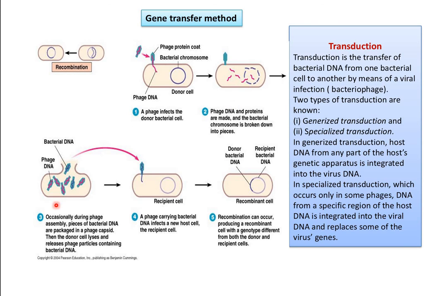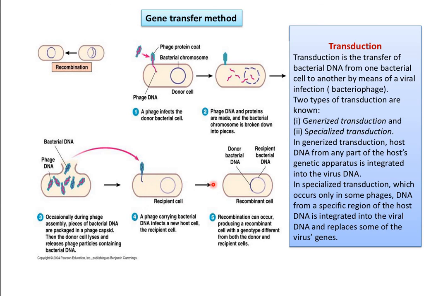Occasionally, during phage assembly, pieces of bacterial DNA are packaged in a phage capsid, and then the donor cell lyses and releases phage particles containing the bacterial DNA. This is the recipient cell, and the phage carrying the bacterial DNA infects this new host cell.